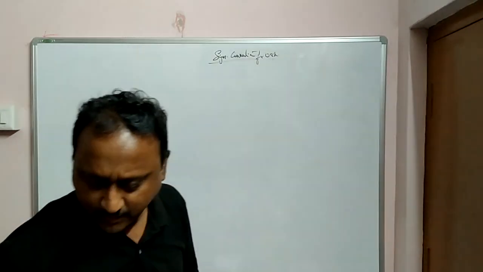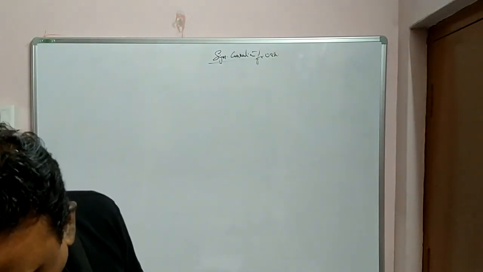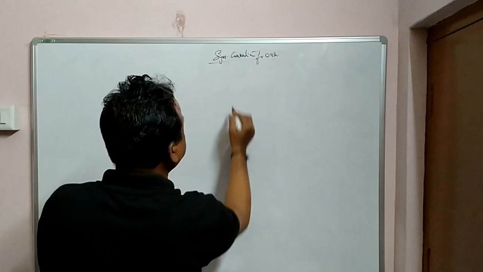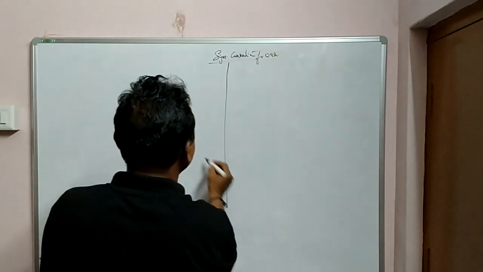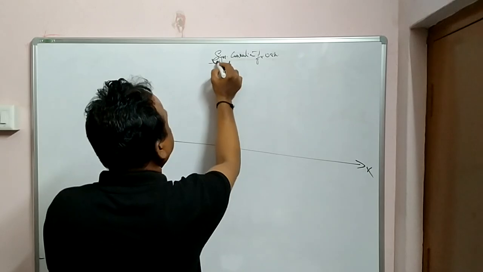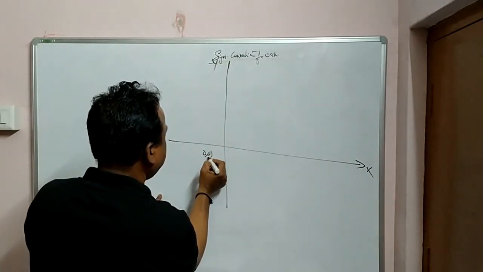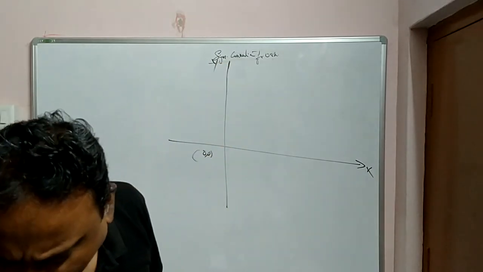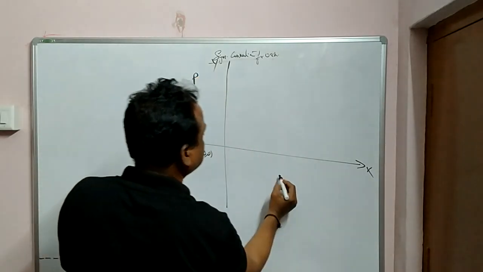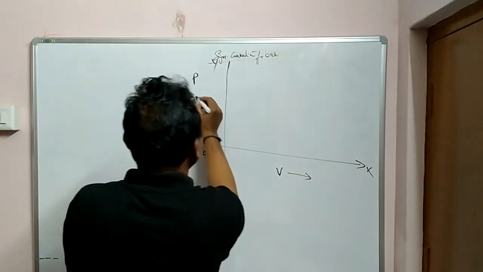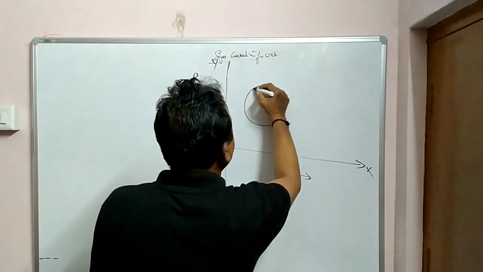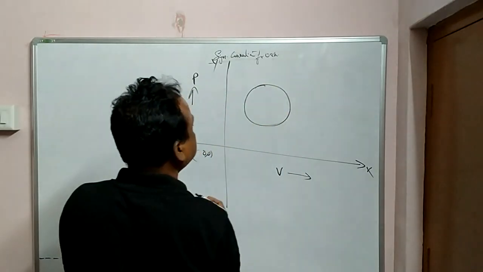See here, I am giving you one problem, a graph problem. Here the xy axes are given, and he has given pressure versus volume, and a small circle.